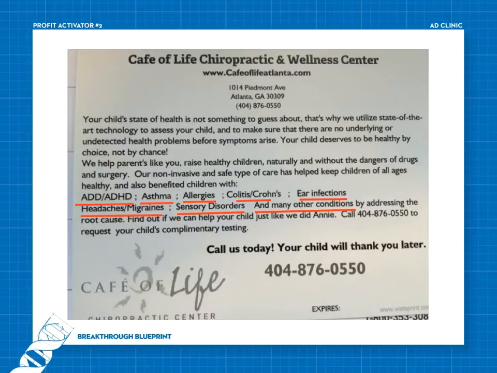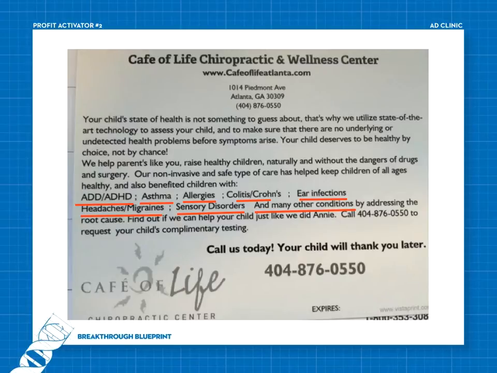In the discussion that we had, the most effective thing they could do, the thing that would make a significant difference for someone, was helping kids with ear infections. So what we talked about was turning this into a postcard that was very specific about only ear infections.